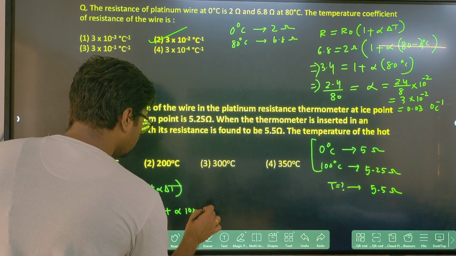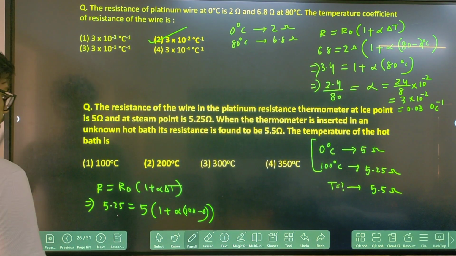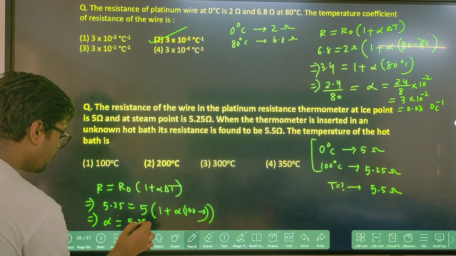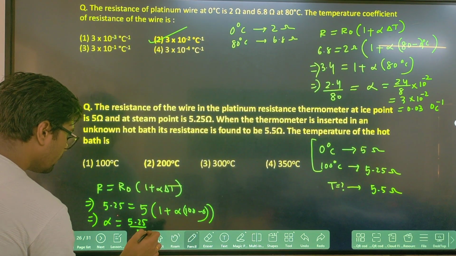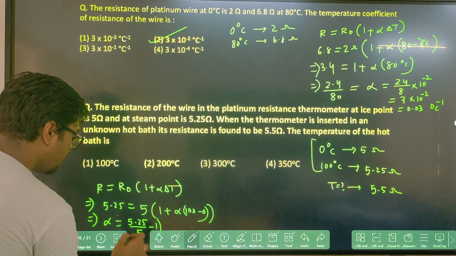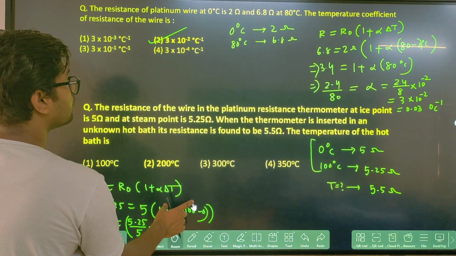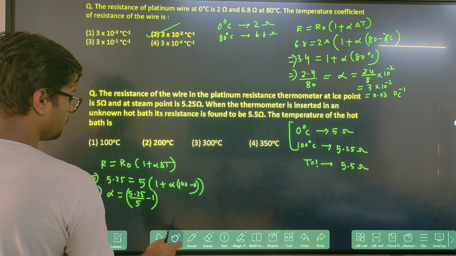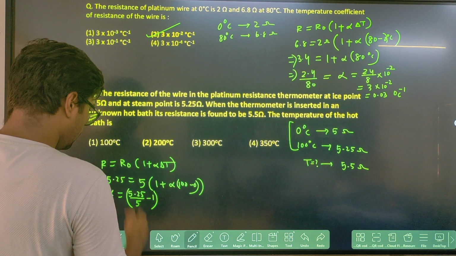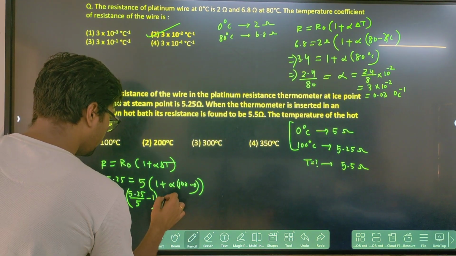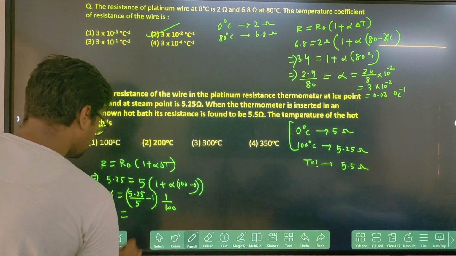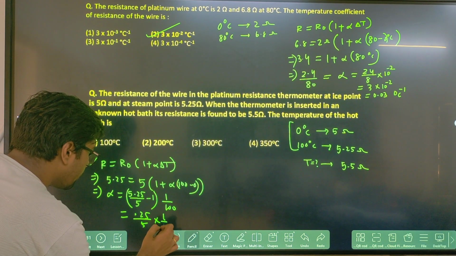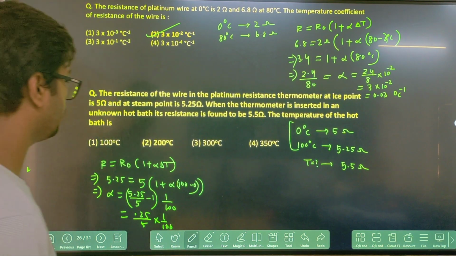So here you get alpha equals 5.25 divided by 5 minus 1, into 1 by 100. So 0.25 divided by 5 into 1 by 100. This is your alpha value.